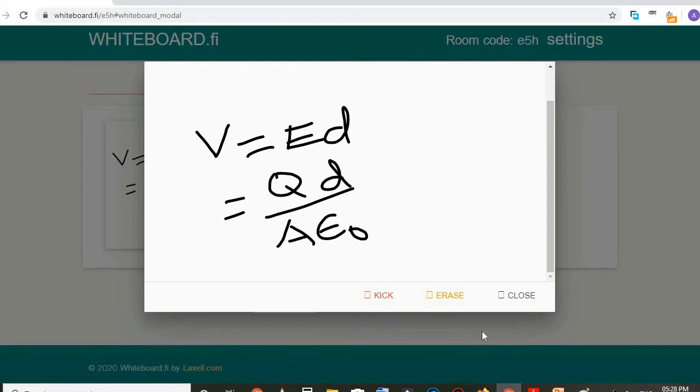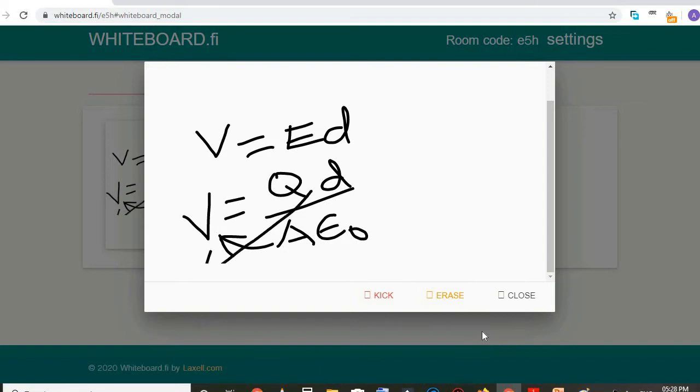From here we can make the equation for Q divided by V. Here V is equal to Q D divided by A epsilon 0. We shall take V to the other side. We will get Q by V, and all other terms can go to the left side. Then we will get A epsilon 0 D. A will go to the upper side, epsilon 0 will go to the upper side, and D will come down.